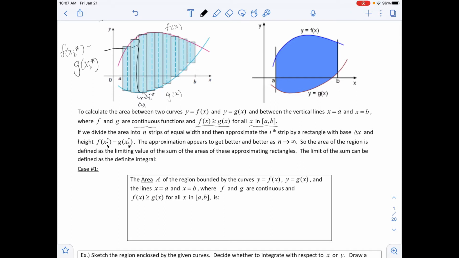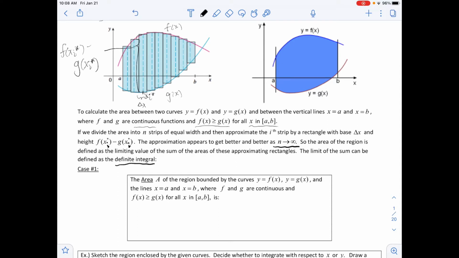The approximation appears to get better and better as n increases, as n approaches infinity. So the area of the region is defined as the limiting value of the sum of the areas of these approximating rectangles, like what we saw back in Calculus 1. The limit of the sum can be defined as a definite integral.